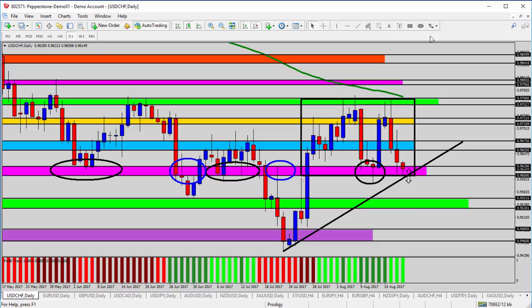Where does it go? Of course, if it goes back up, we're looking at the blue shaded area back to 96.5575 as our next resistance. And that's exactly what history tells us as a minimum. Could be even higher, but a minimum is the blue zone. And of course, if it breaks the pink zone, we know that it's going to go down to the green zone.